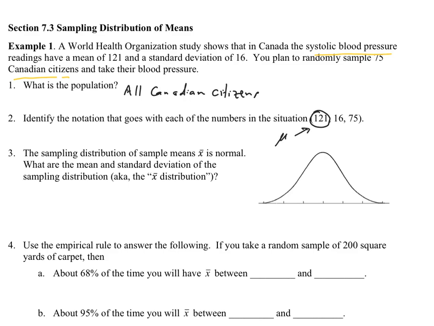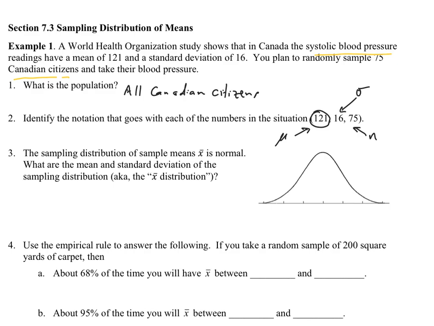So in our study, this would be mu. This would be standard deviation, sigma, and our sample size will be n. So those are the letters that we use for those numbers that are given.